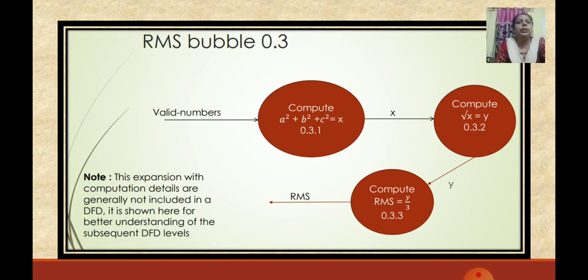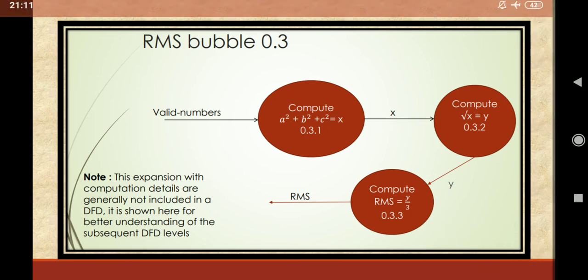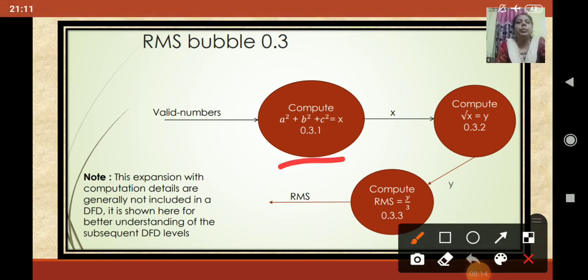Then in the third process, if the numbers are validated, it will come to the third process, and in the third process the system will calculate the root mean square. It accepts 3 values a, b, c. First it will calculate the squares of a, b, c: a square plus b square plus c square. Then let the sum be x, then x will go to the next process and here the system will compute root x.